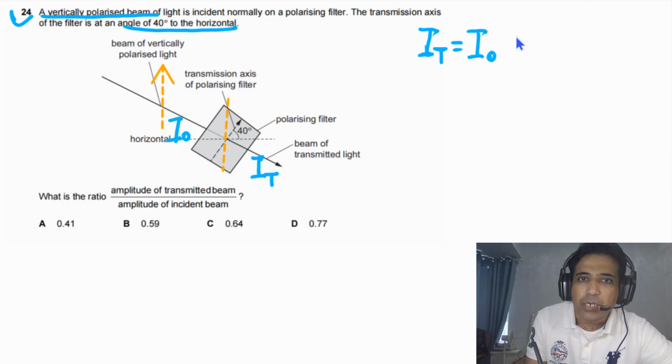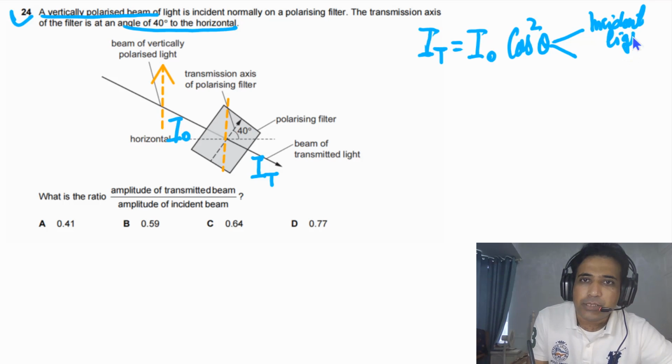So IT is equal to I naught times cosine square of theta, and theta is the angle between incident light and transmission axis. Very important one, this is the point you need to understand. So this is the main point.